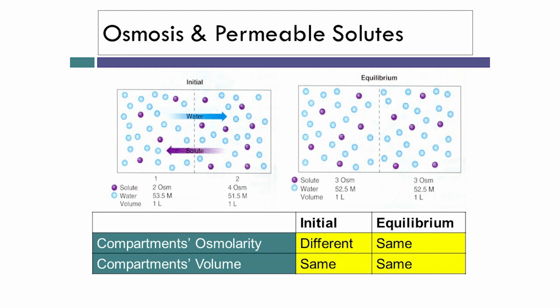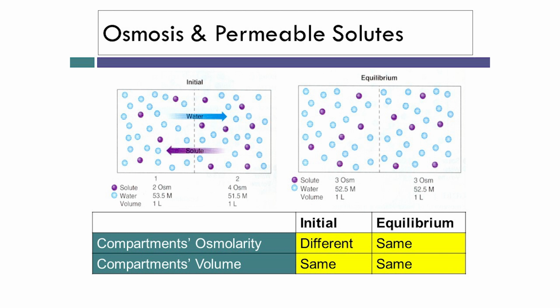Example, in osmosis and permeable solutes, you have the initial state of a solution and the equilibrium state. In the initial compartment, the osmolarity is different and at equilibrium it is the same. Okay, we dissect the initial solution, the purple ones, the solute. In solution 1, you have 2 osmol. Solution 2, you have 4.